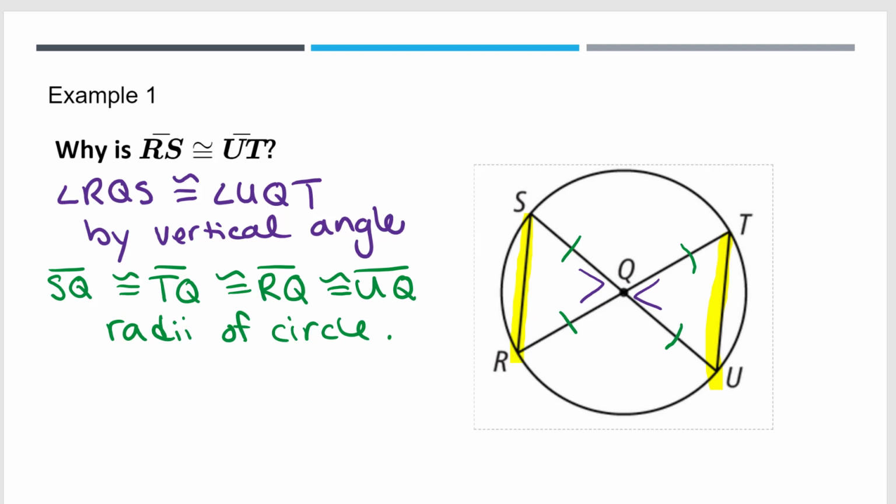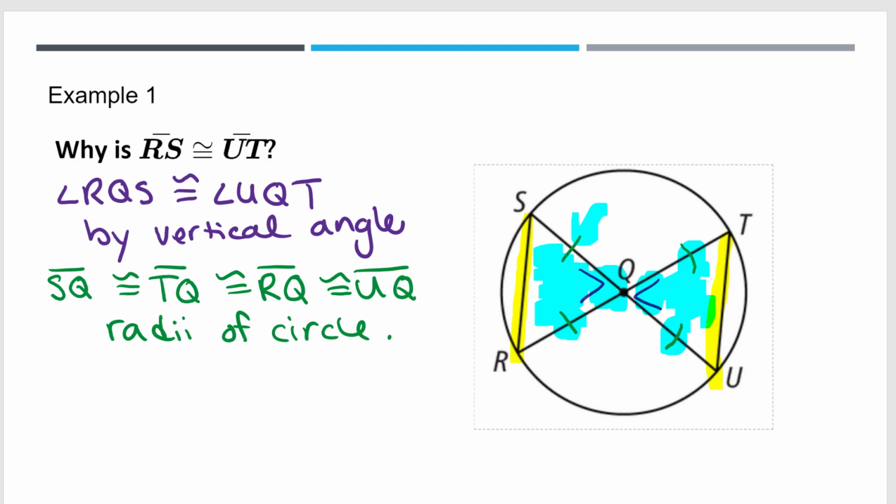Now if we look at just one of the formed triangles, so let's say this one on the left-hand side, we have a side, an angle, and another side. So we now look at the right-hand triangle, and we have a side, an angle, and another side.